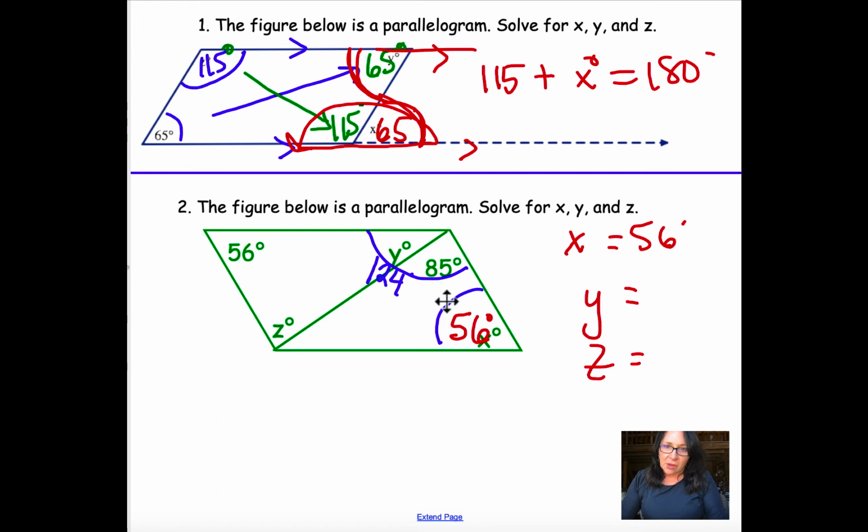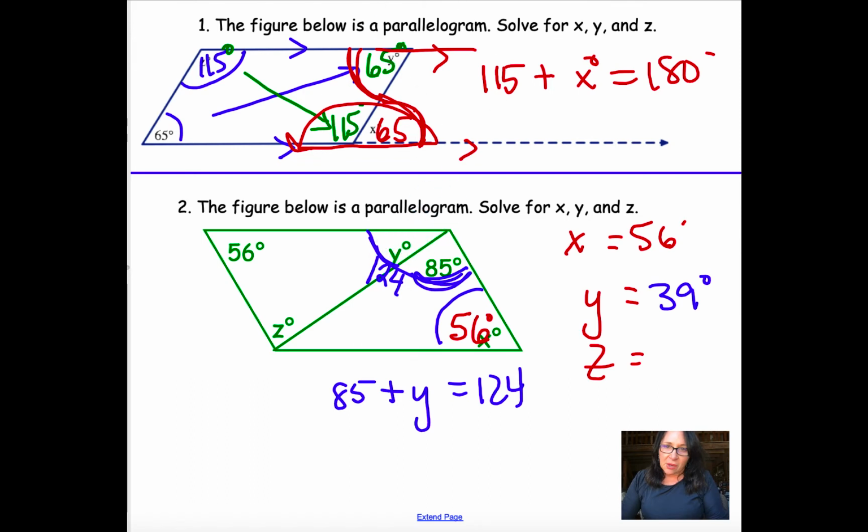So therefore, if part of this is 85, and this part here, y, 85 plus y must equal 124. So I'm going to take 124 and subtract 85. And I get, for y, 39 degrees. So this value here is 39.